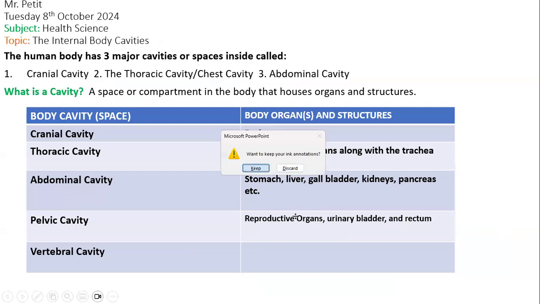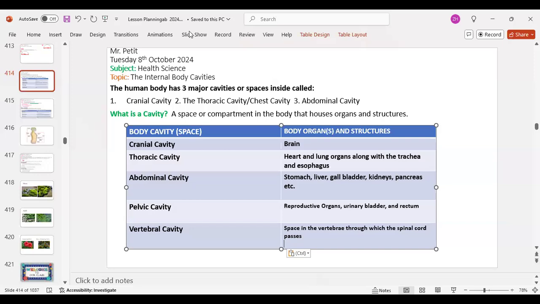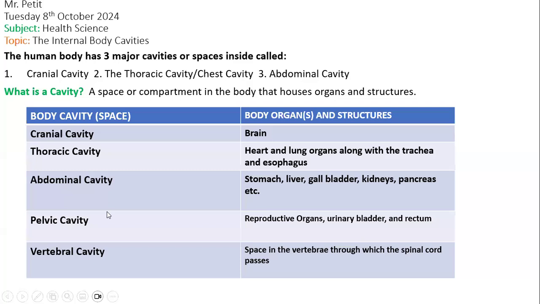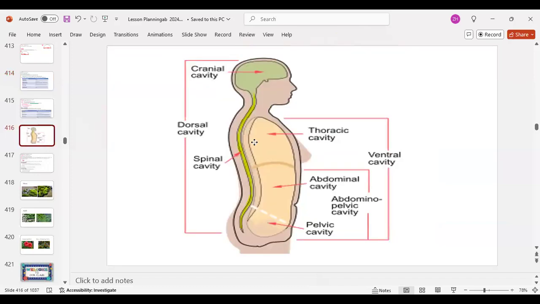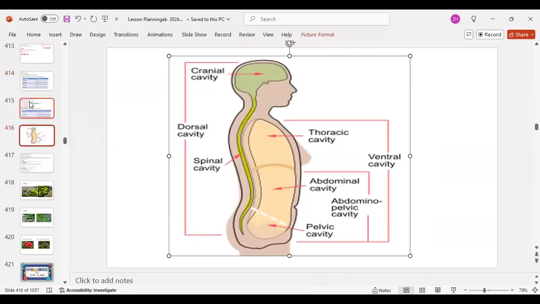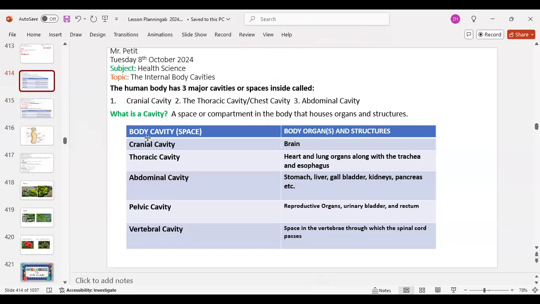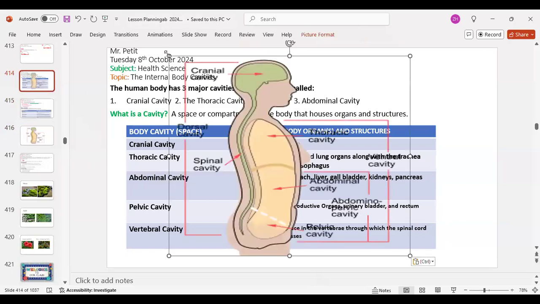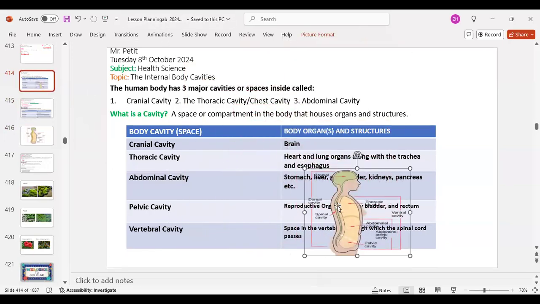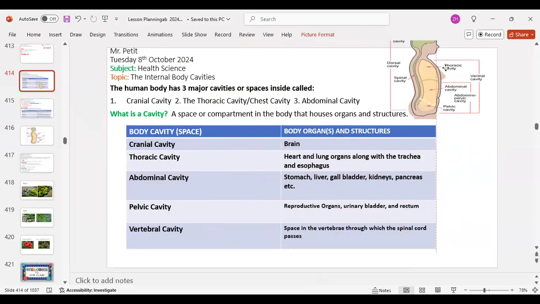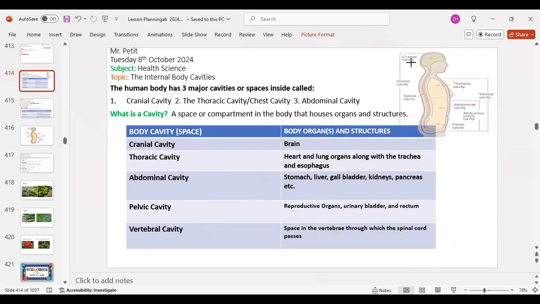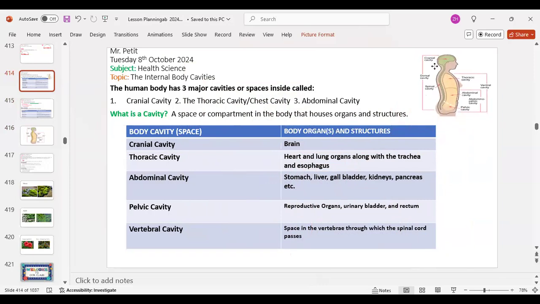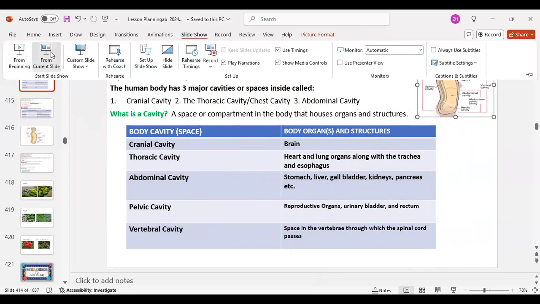That's the vertebral cavity. All right, and so those are the cavities that we look at. Now, let me take this picture and put it here so it could be part of our context. There we go.